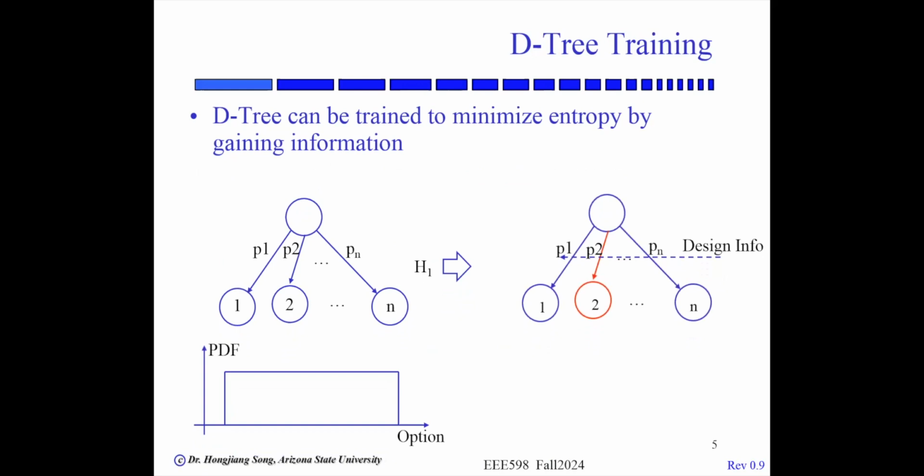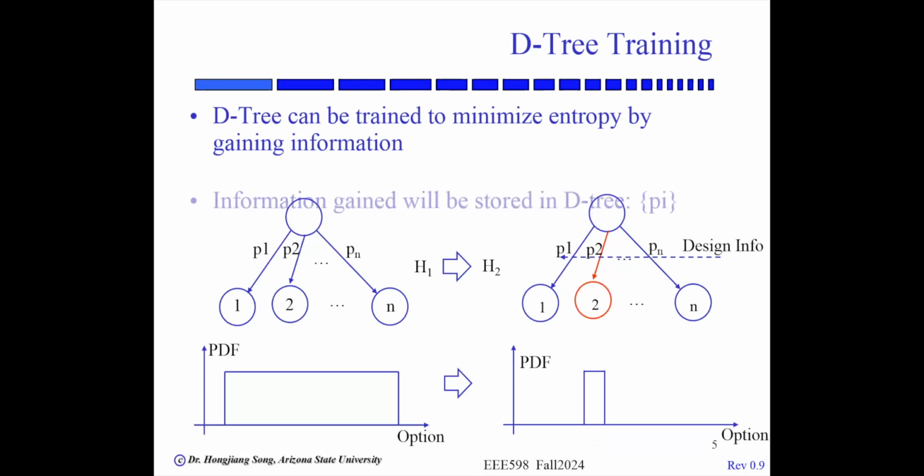At the end of training, by using design information, we can tune P1, P2, and Pn to a low entropy state. In this case, entropy will be reduced. At the end of a project, one of the options, for example in this case option 2, is picked for your design.